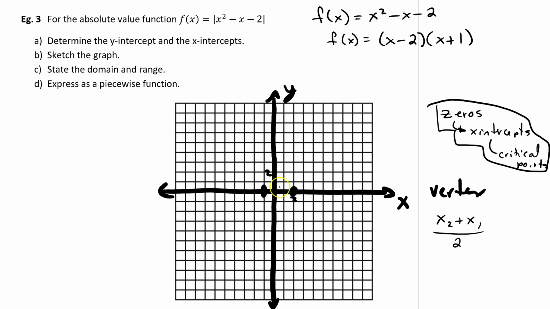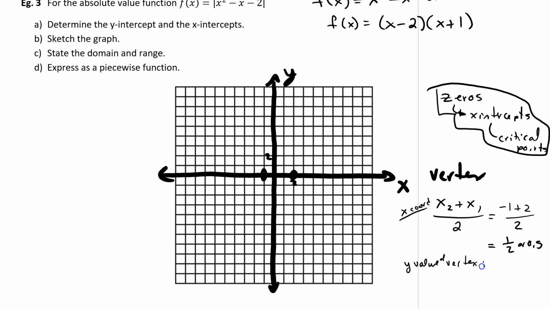So -1 plus 2 divided by 2, for the x-coordinate, is 1/2, or 0.5. Then I'm going to substitute 0.5 in here to get my true y value of the vertex.